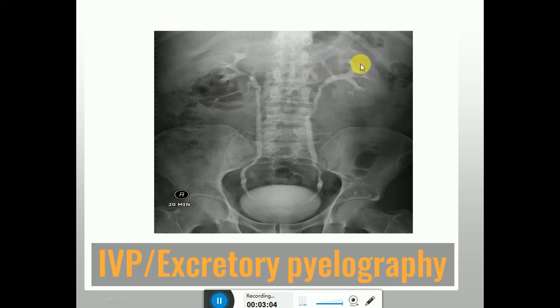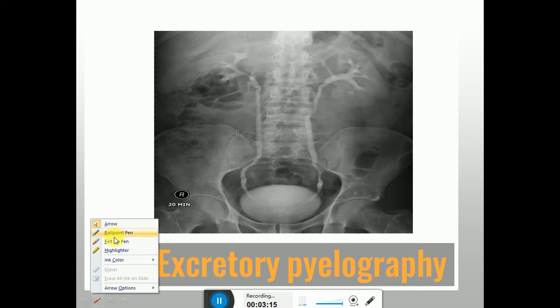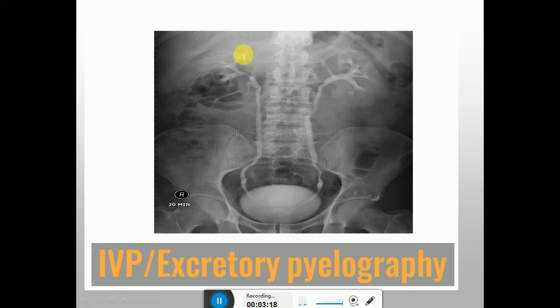Here we can see minor calyces. These are all minor calyces. Then these are the renal pelvis. So first we have seen the calyces, and then we are visualizing the pelvis.